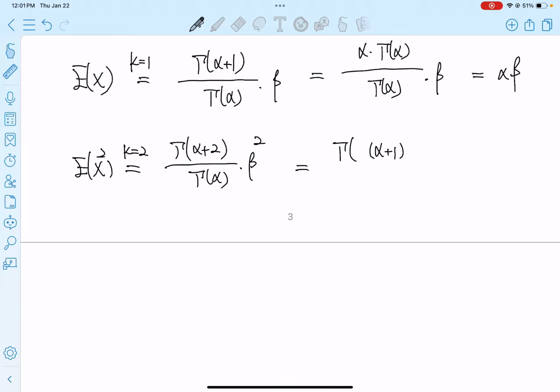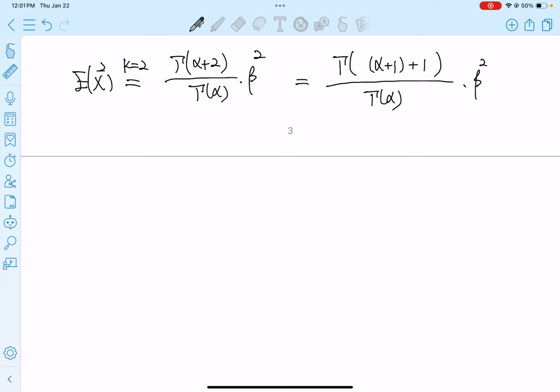So alpha plus 2 is equal to alpha plus 1, and then plus another 1. Okay, and then the denominator stays the same, beta raised to the power of 2.